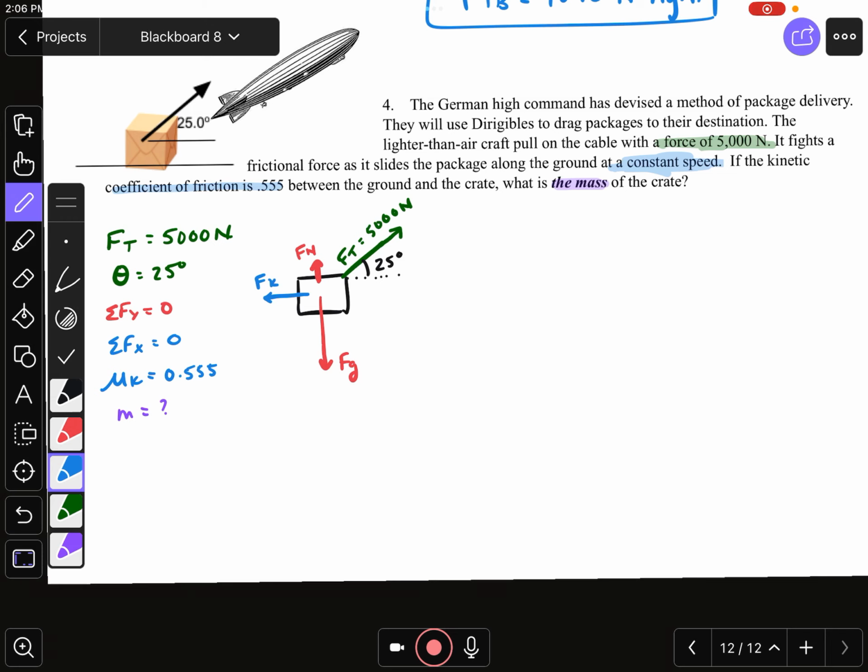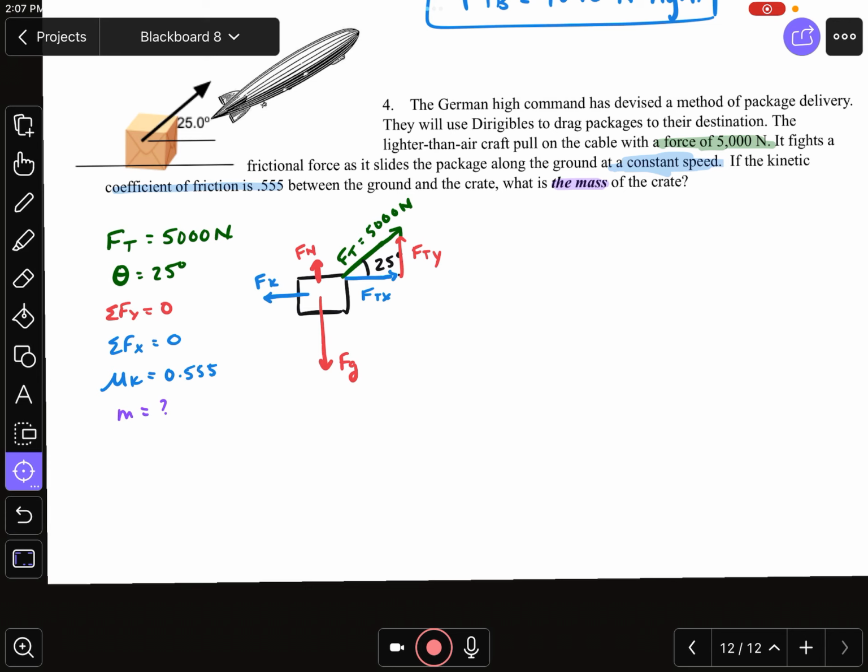All right, so the next step after I draw my free body diagram is break up anything that's at an angle. So right now I have Ft at an angle. I'm going to draw this as Ftx and Fty. So just talking about how we draw our vectors, the magnitude of Fg should be about equal to Fn plus Fty when we make our drawings.